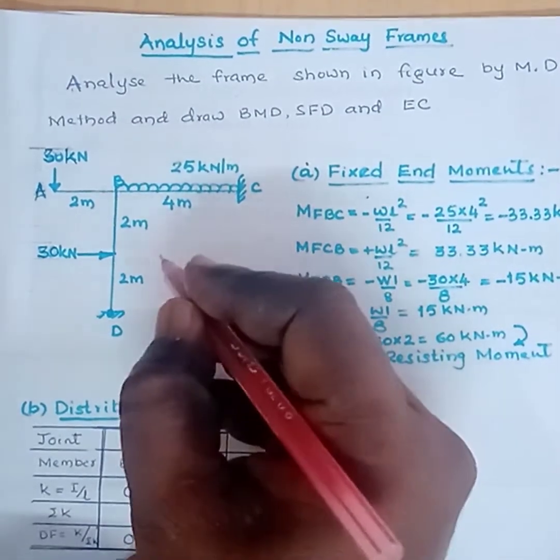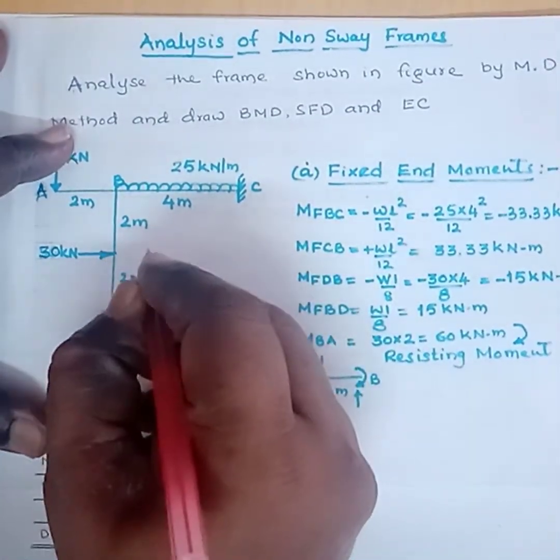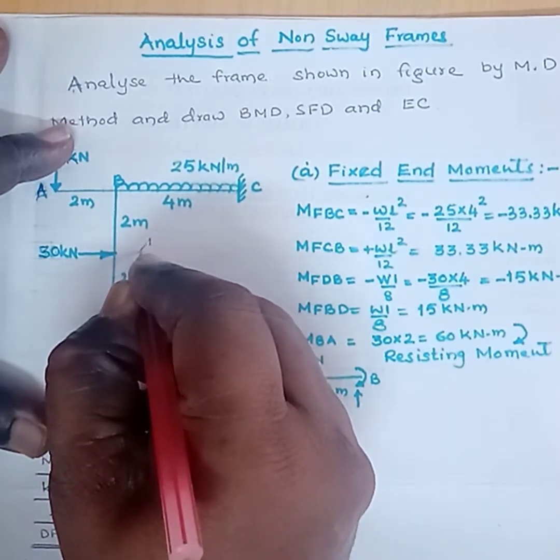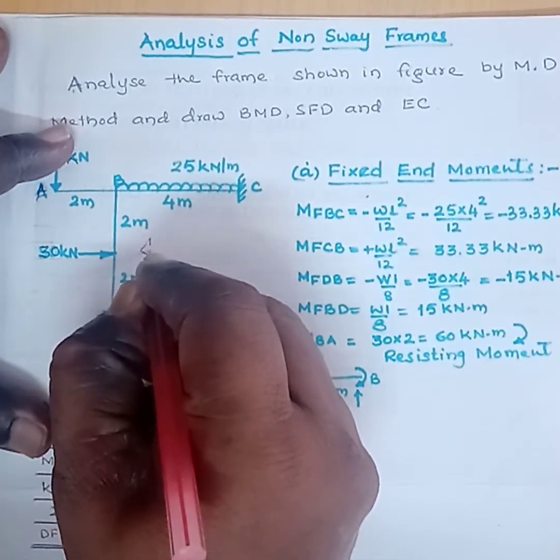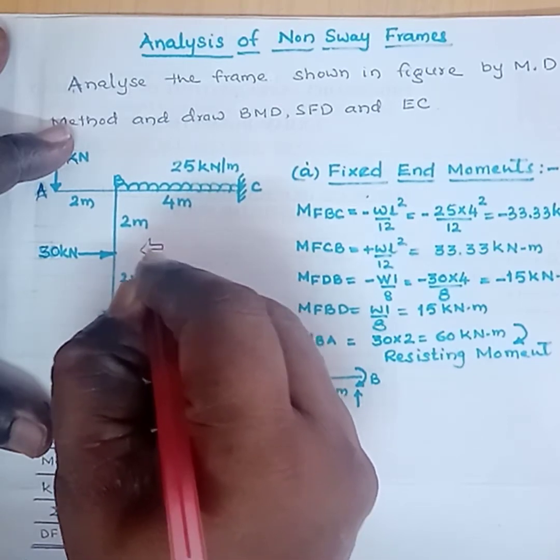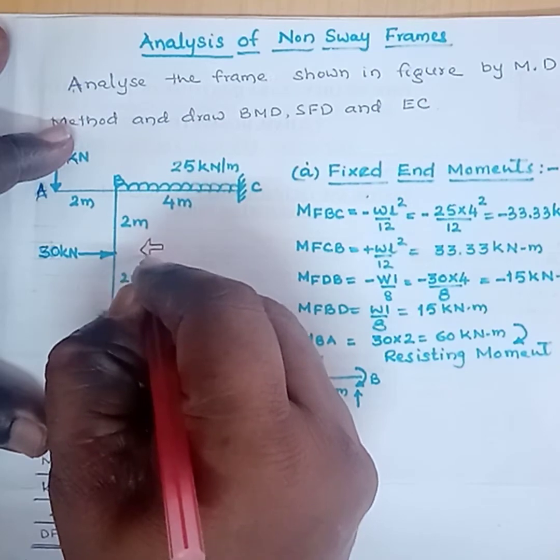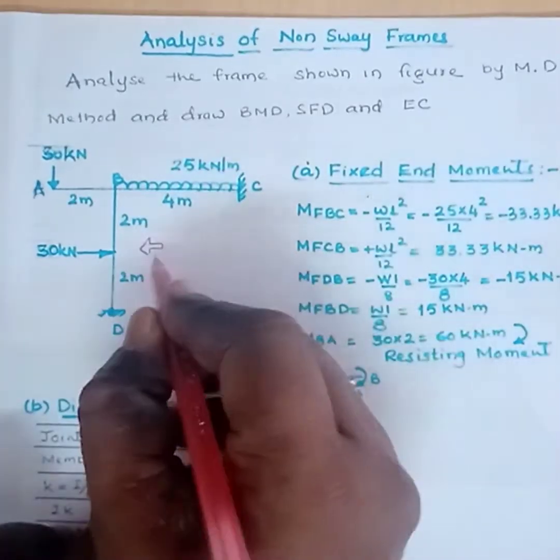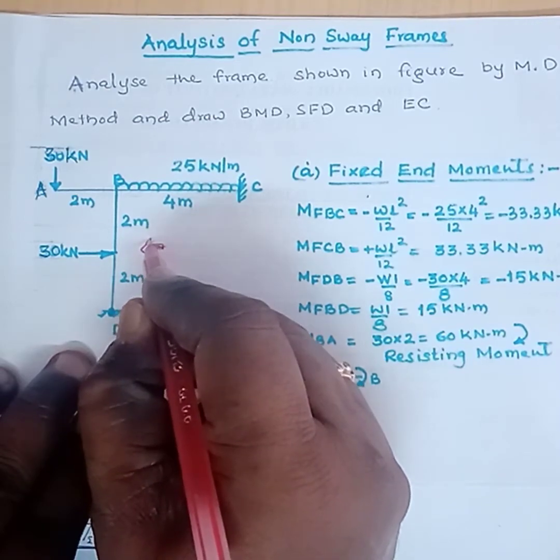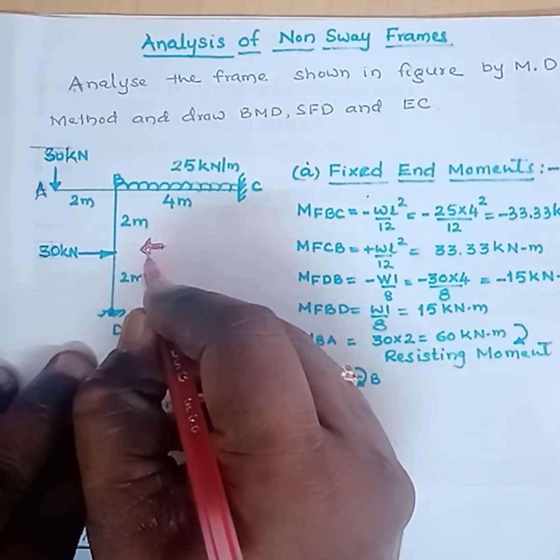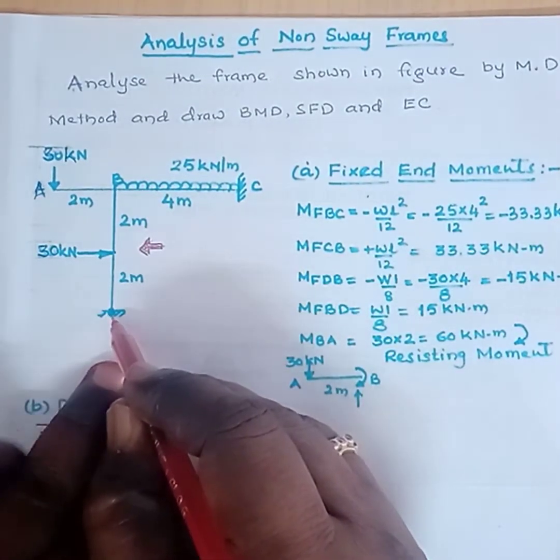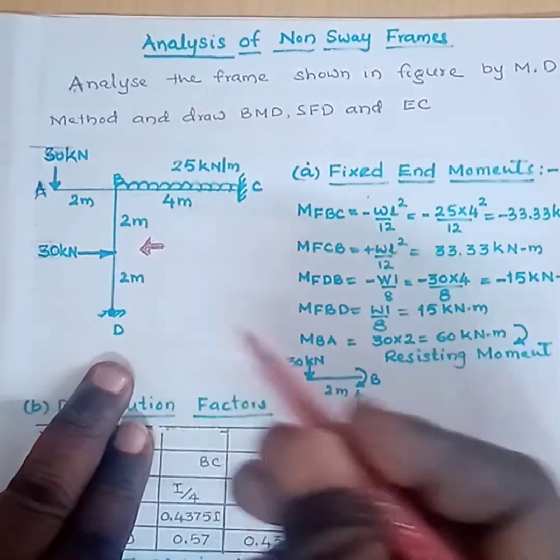Now if you observe this member from inside, imagine this one as a beam. It is vertical, and you can assume it as a beam. Here the end D is hinged and B is fixed.